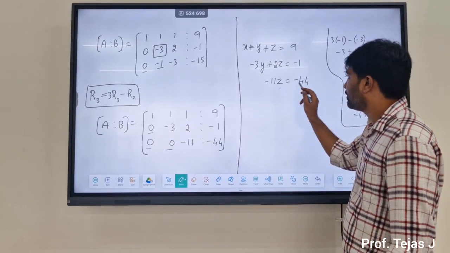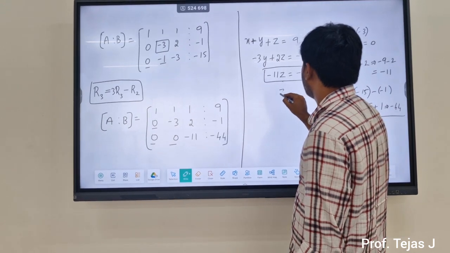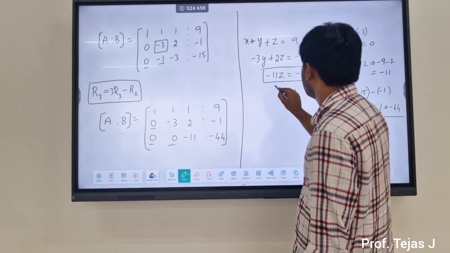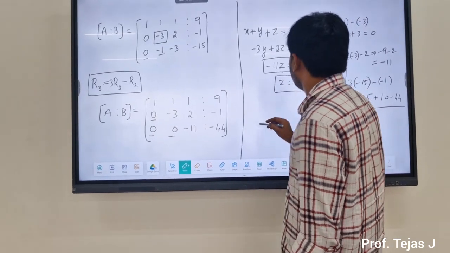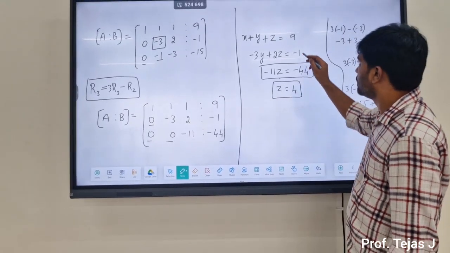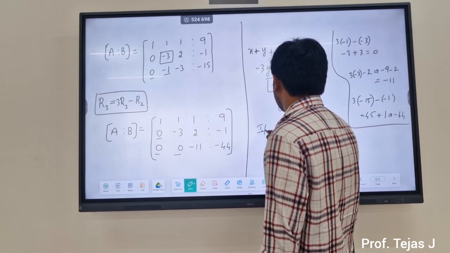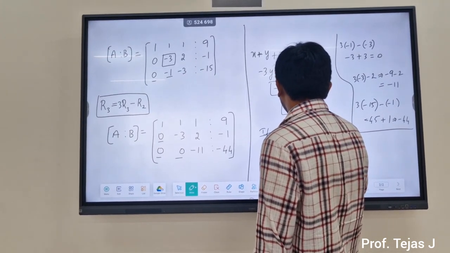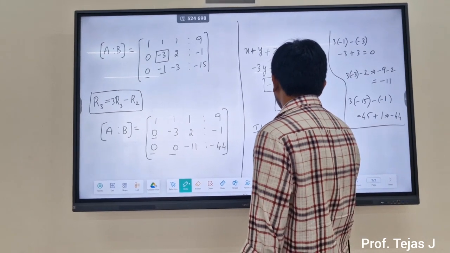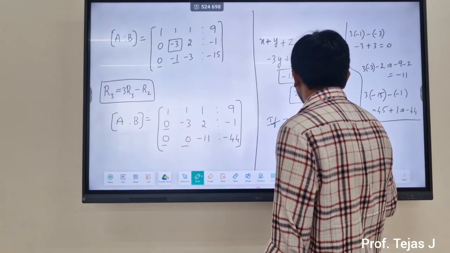Now when I simplify this value, what will be the z value? Will it be 4? Yes or no? Then apply this value of z to the second equation, that is if z equals 4, then -3y plus 2z equal to -1.